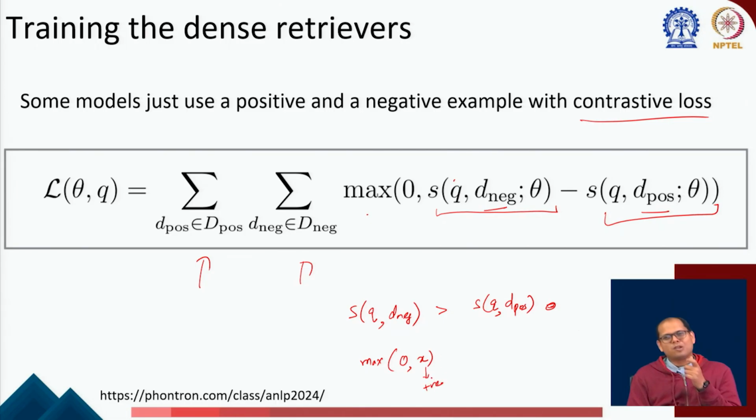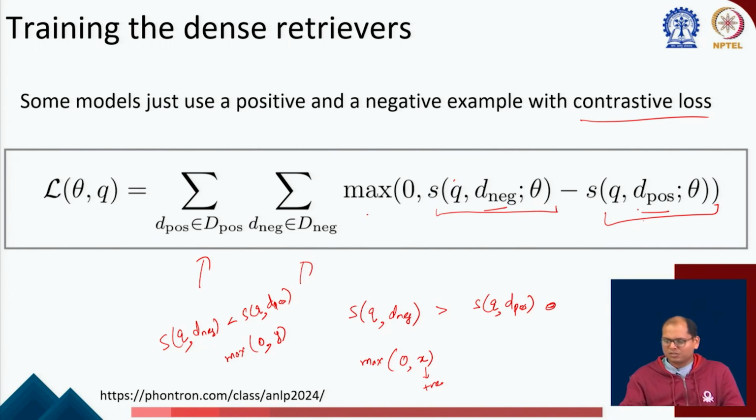So I will have a positive loss, and I will tune my parameters using that loss. On the other hand, if S(q,d) negative is already less than S(q,d) positive, you are doing well. You are already giving a higher score to the positive document than the negative document, and then this quantity will be the max of 0 and y, where y is negative.